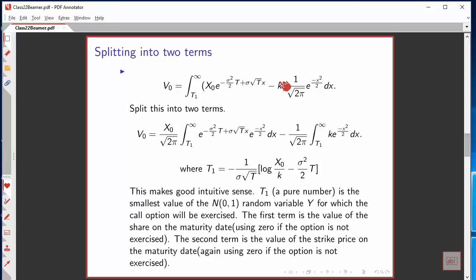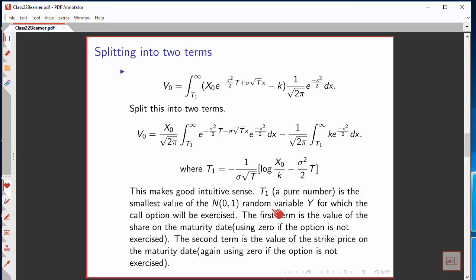First thing I'm going to do is split it into two terms. The first term involving the share price, the second term involving the strike price. That's straightforward. And I remind you what t1 is equal to. But I'd like to put an interpretation on the two terms.